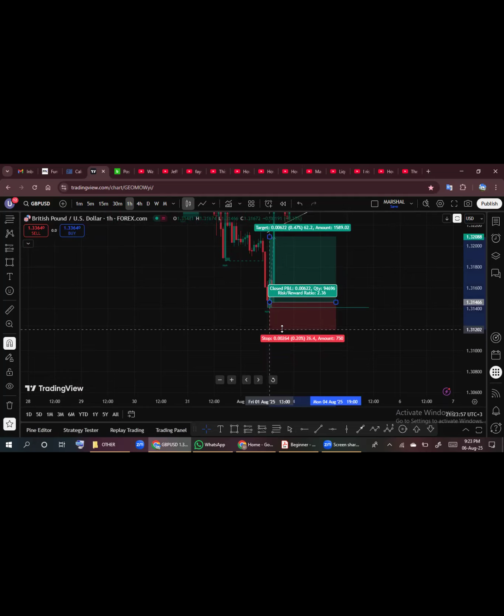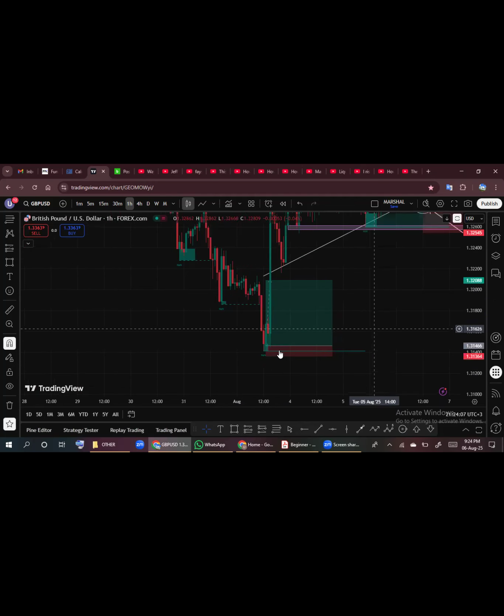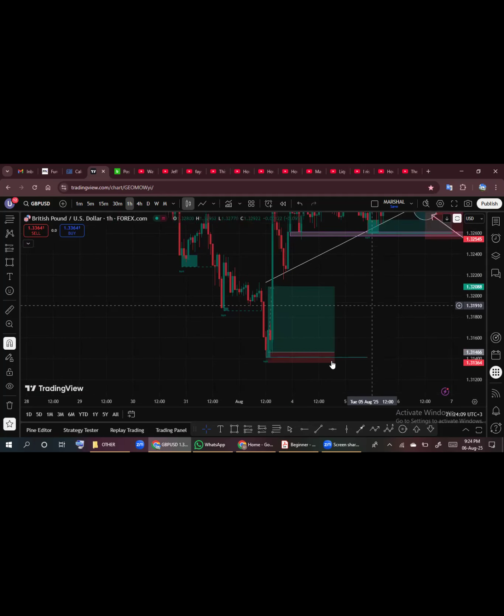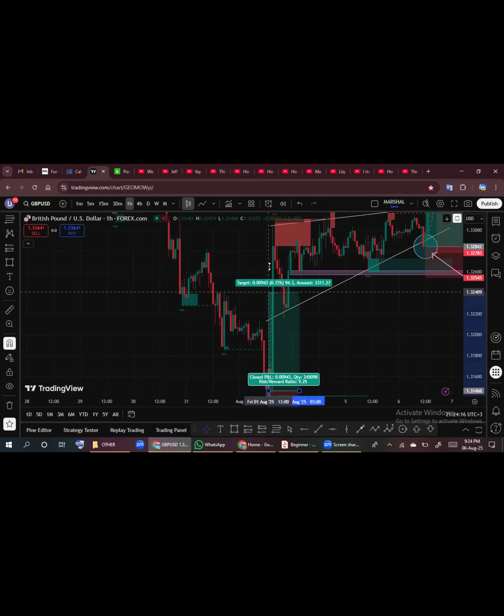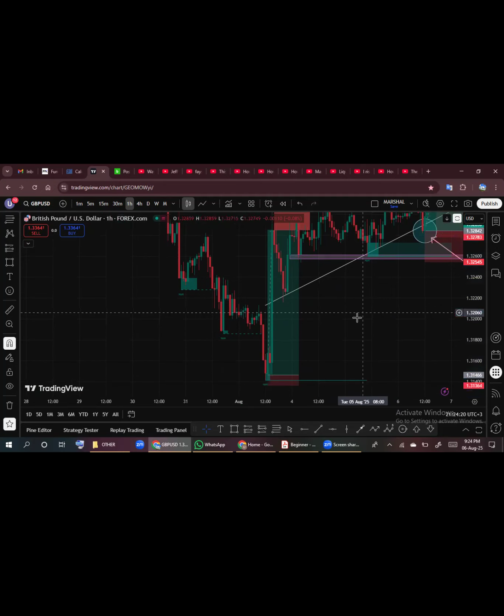Because you know that the market has already given you the pattern, the candlestick formation here, you don't have to make your stop loss so wide. You make it so short and use a very high lot size to gain more of this.